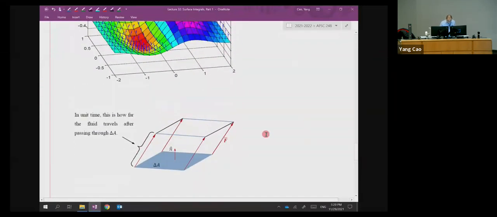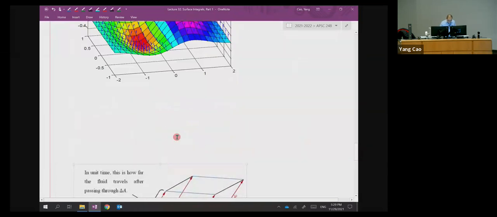So now, let me move down a little bit here. If I draw an arbitrary surface, and take a very, very small patch from the surface, then at this location you have n hat attached to it, which is perpendicular to the surface.